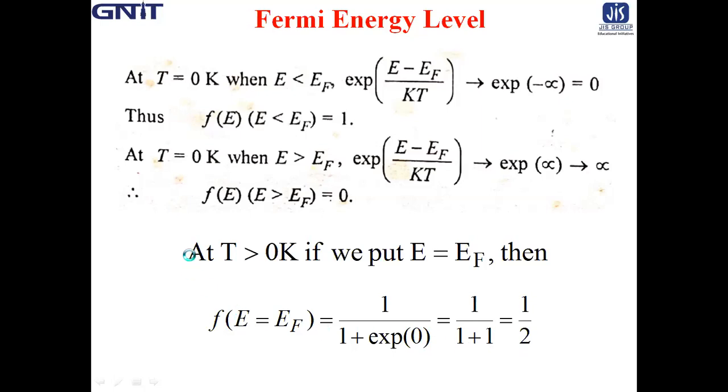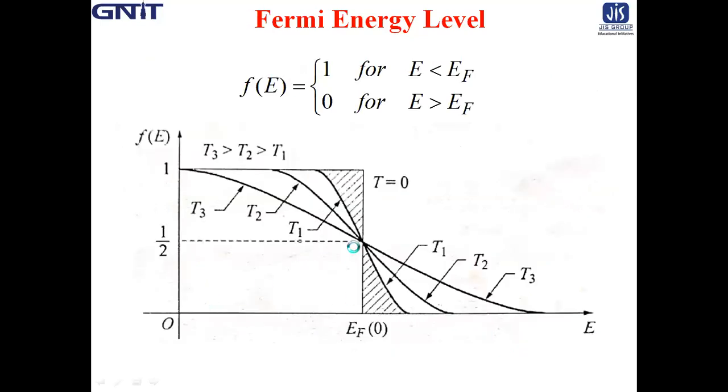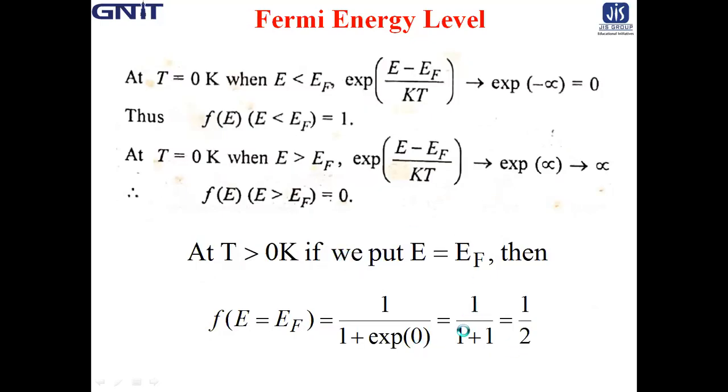So at T greater than 0K, whenever E equal to EF, as seen in the earlier figure, the Fermi level basically consists of half. So this is mathematically proved here. Okay.